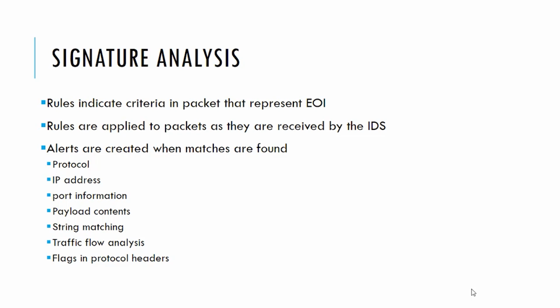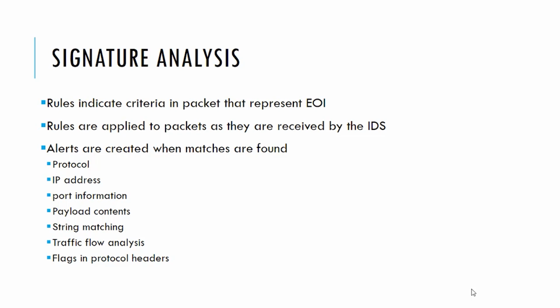The IP address, we have caught traffic that is from an unwanted IP address, or targeting an unwanted port number, or containing payload content that is unwanted or not allowed inside the network.